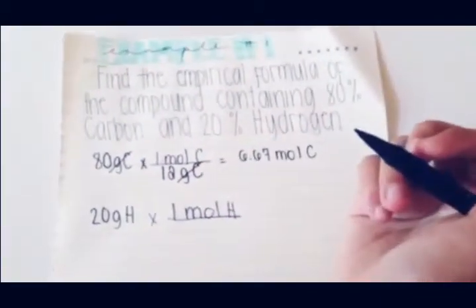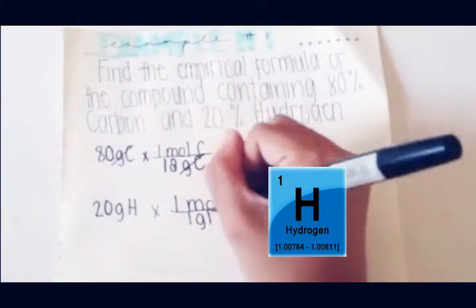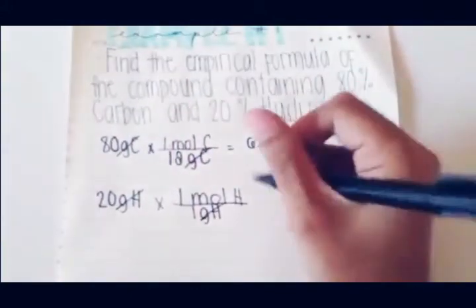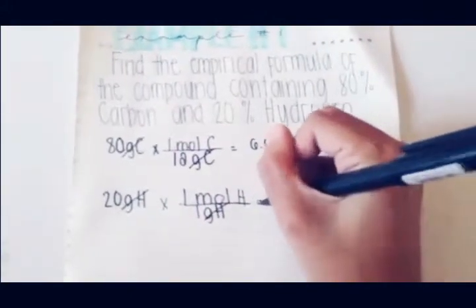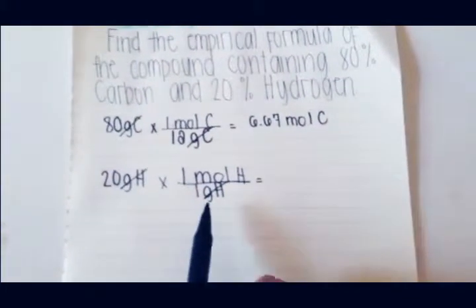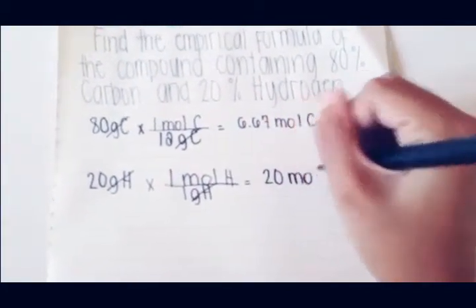The atomic weight of hydrogen is 1 gram hydrogen. In this situation again, we have to cancel out the same units so that we won't have a lot of units. So 20 times 1 is equals to 20. 20 divided by 1 is 20. So the answer is 20 mole hydrogen.